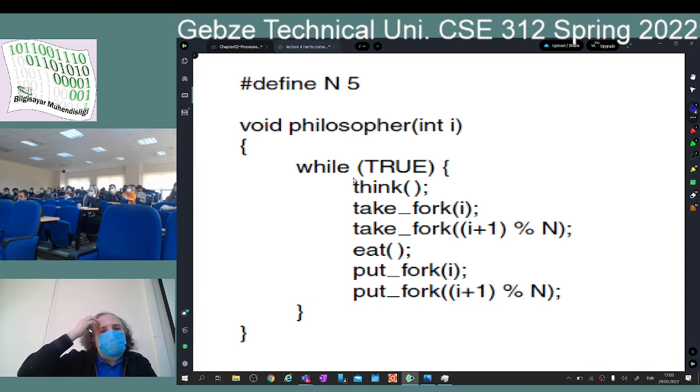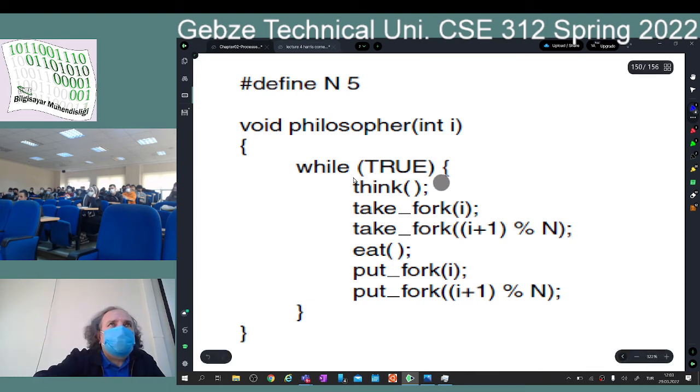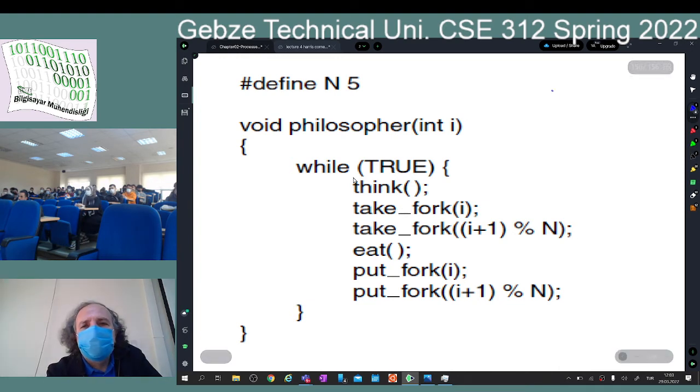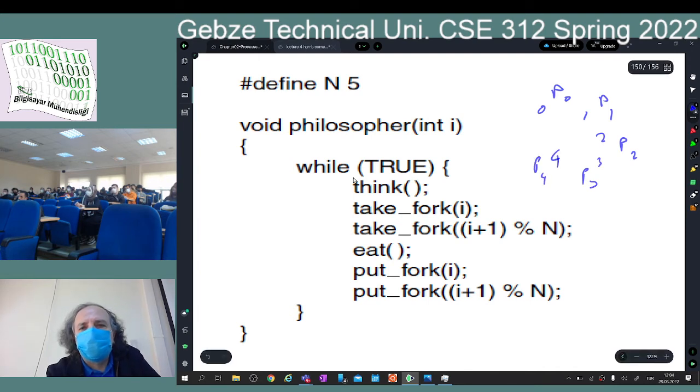They are thinking, then they all got hungry. They all got fork number I. So what does that mean? P0 took fork number 0, P1 took fork number 1, P2 took fork number 2, P3 took fork number 3, and P4 took fork number 4.